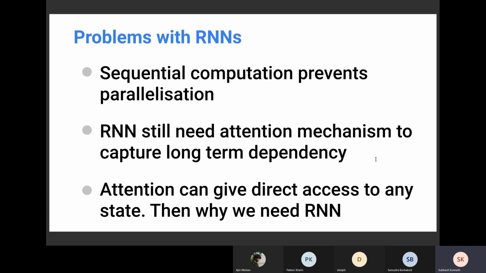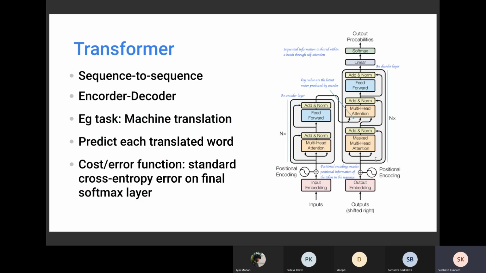It's a kind of random access, not sequential access. People were using this attention mechanism along with RNNs, and then they started thinking: why do we need an RNN, with its sequential processing, if the attention can focus on any of the previous states or upcoming states in the sequence? So then came the transformer idea.